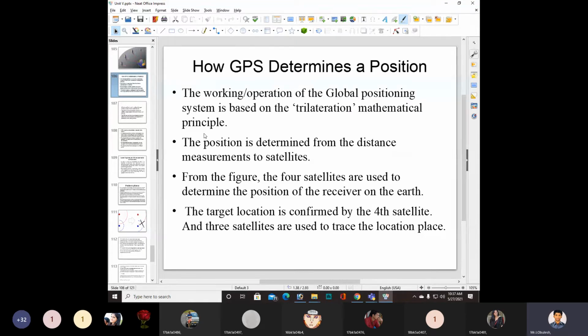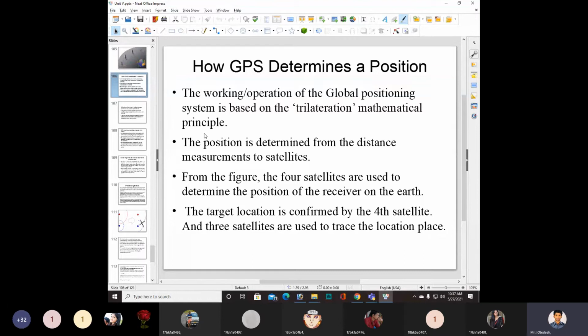The target location is confirmed by the 4th satellite, and the remaining 3 satellites are used to trace the location.